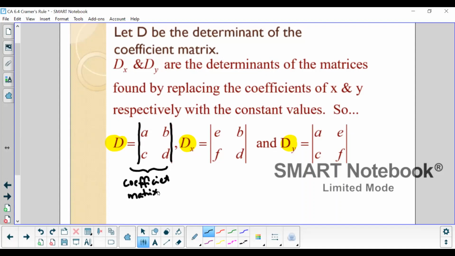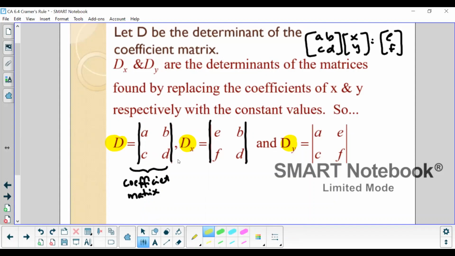And I'm going to rewrite that from the other screen here. We had the coefficient matrix times the variable matrix, and that equaled the constant matrix. The second determinant we're going to be working with, the D sub x. It's still a determinant, so we still have these straight lines. But the first column is E, F. Okay, that's the constants.